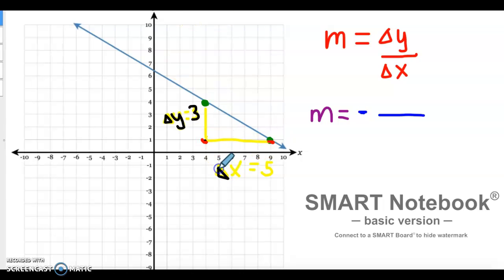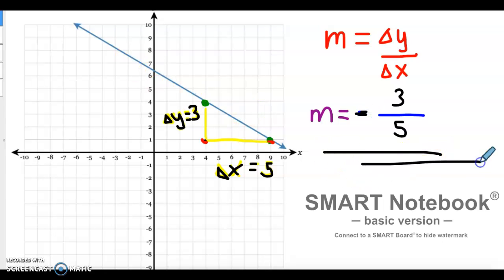So the change in y is 3. I'm just going over this in black so it's easier to see. The change in x is equal to 5. And now we're going to take those values and put them in here for our slope. So slope is the change in y over change in x, which here is going to be 3 over 5. And again, we know that the slope is negative because our line is going downhill from left to right.